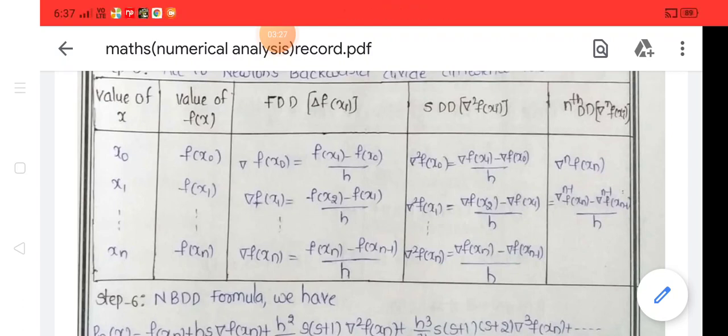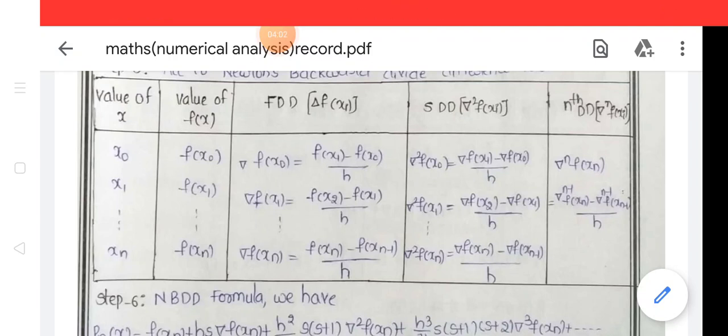Delta square f of x1 is equal to delta f of x2 minus delta f of x1 by h, and so on. Delta square f of xn is equal to delta f of xn minus delta f of x_{n-1} divided by h, and the divided difference delta power n f of xn is equal to delta power n minus 1 f of xn minus delta power n minus 1 f of x_{n-1} divided by h.